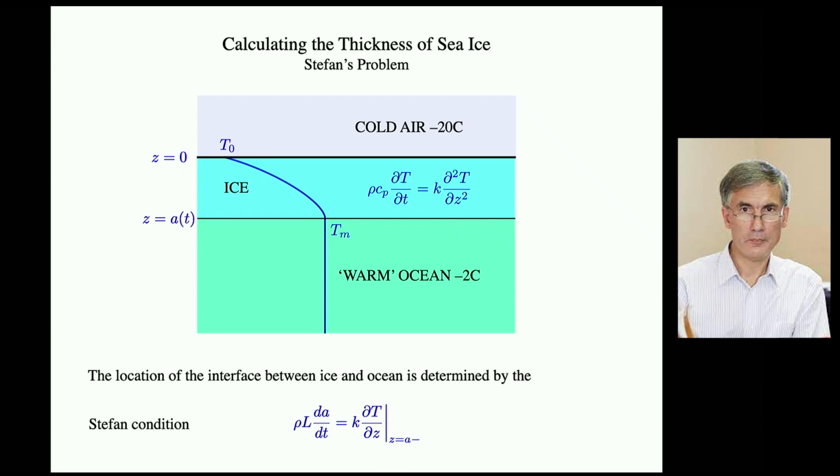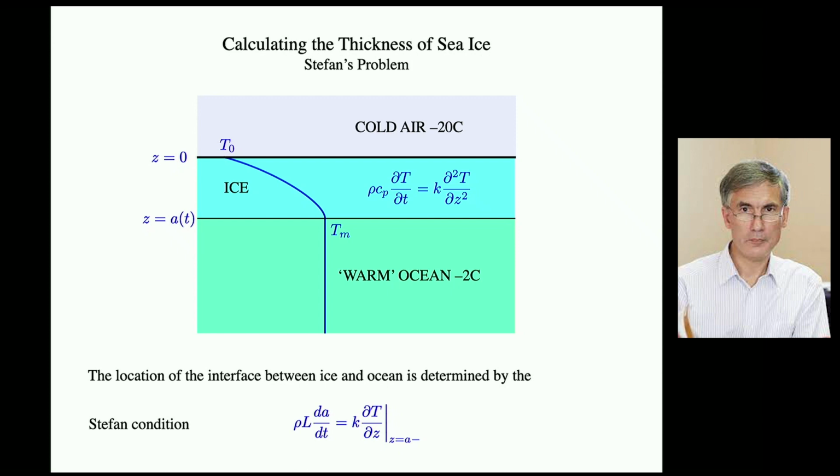We have the warm ocean. The ocean is roughly at its freezing temperature, which is about -2 Celsius. But that is warm compared with the atmosphere. Let's take a representative temperature in the Arctic of about -20 Celsius. So we have a temperature difference between the ocean and the atmosphere.